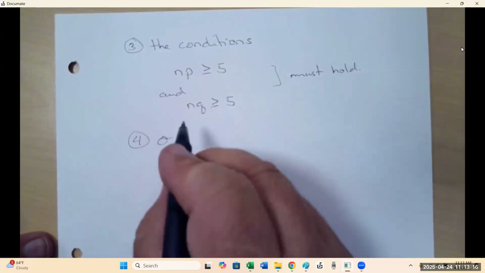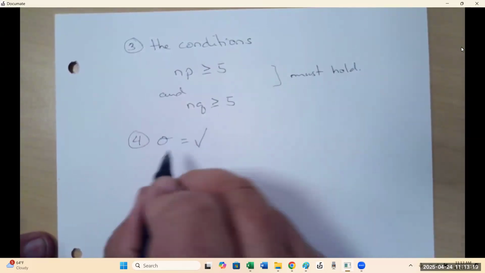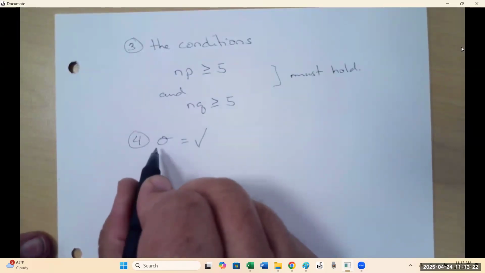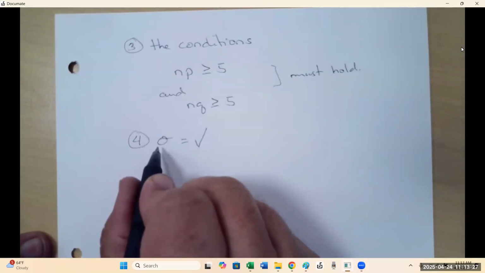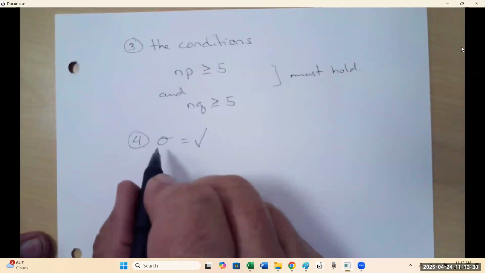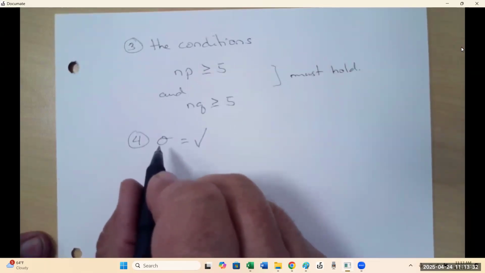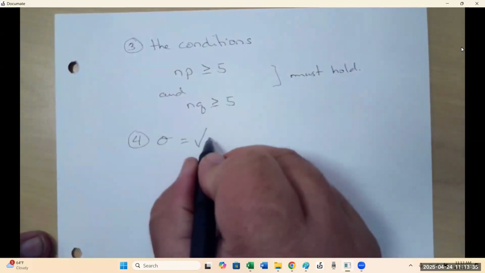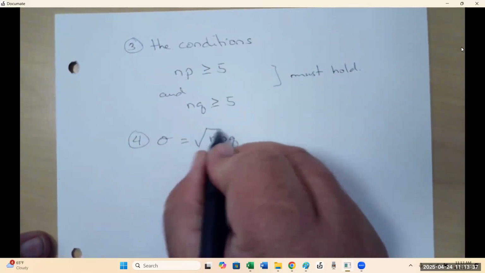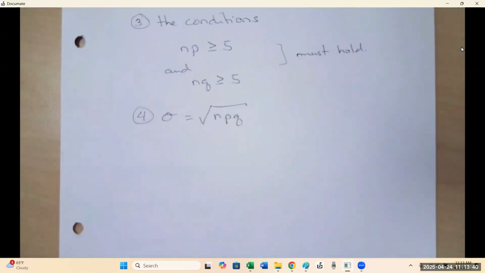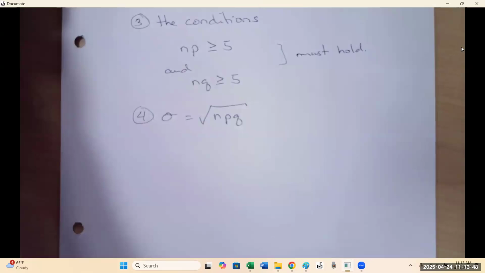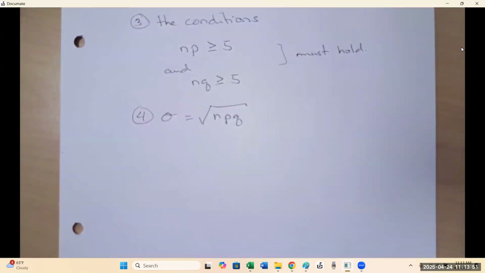And for the sigma, what does the sigma stand for? It's Greek, so is it sample or population? Population. So it is the standard deviation of the population. And that only works for binomial distributions. Right. So let's look at this.